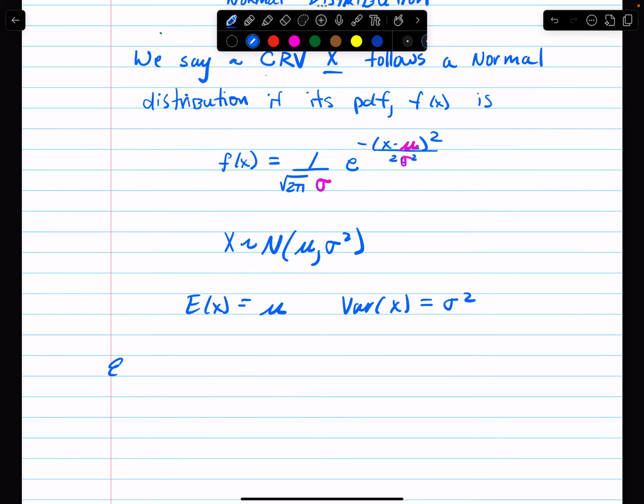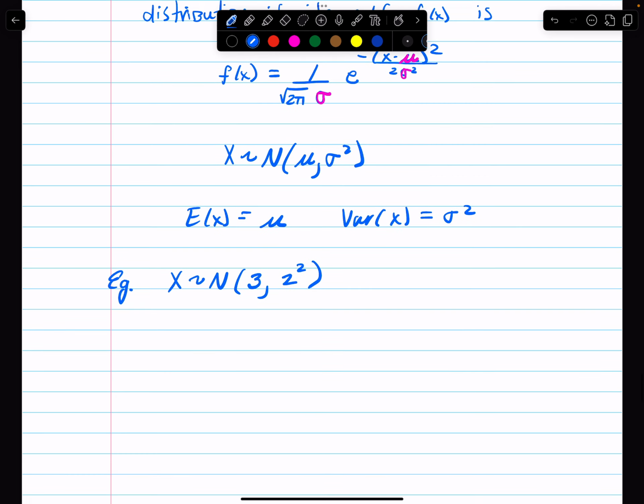For example, if I said X was normally distributed with mean 3 and sigma 2, then the PDF for this particular normal distribution would be 1 over the square root of 2 pi times 2 e to the negative (x minus 3) squared over 2 times 2 squared.